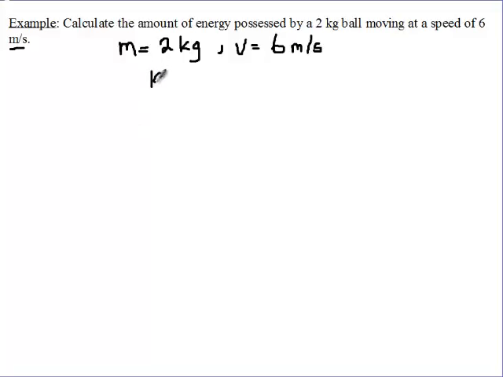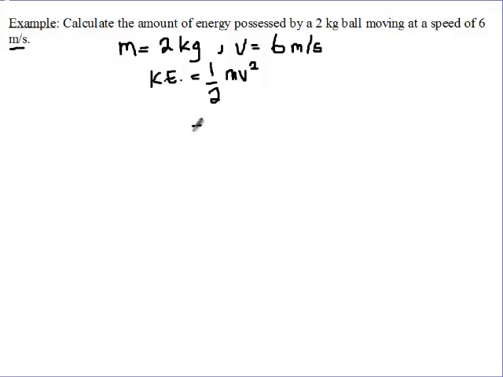KE is equal to half times mv squared. Now let's replace the m and then the v with our values.